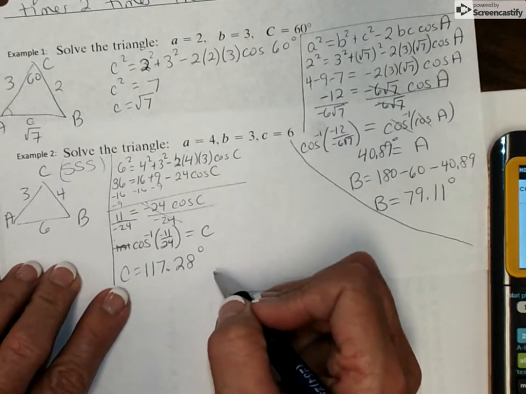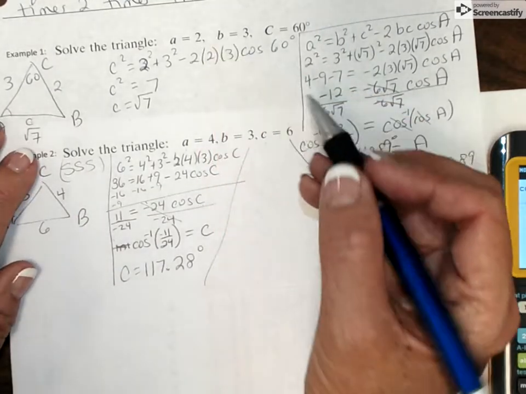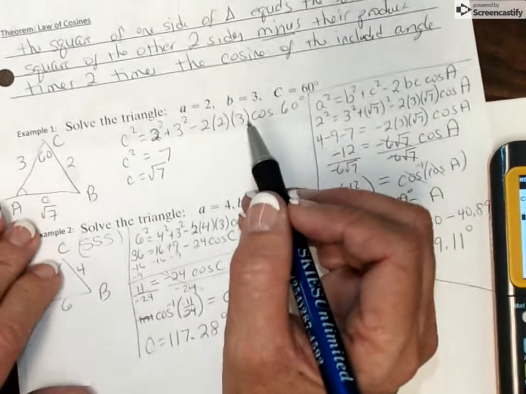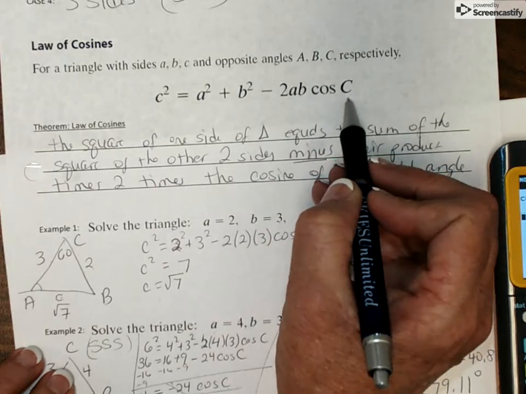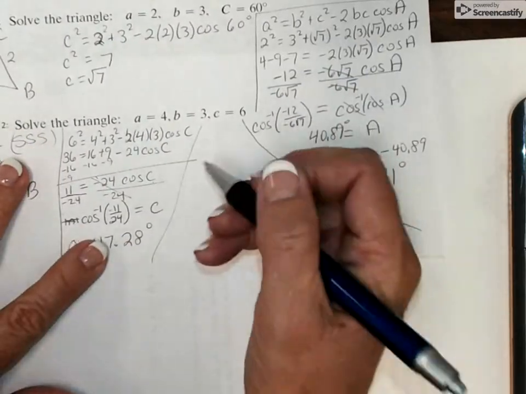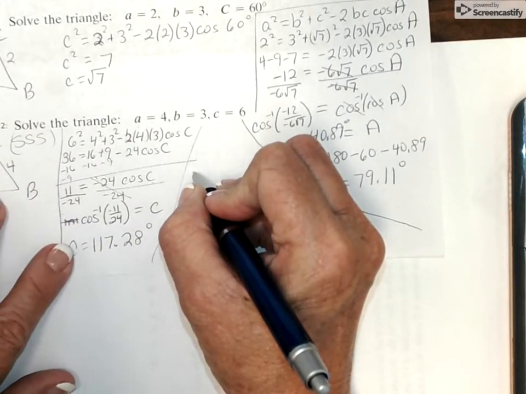Okay, we've got one angle. Now I need to find another angle. So we're going to use the law of cosines again. This time let's find angle A. If I'm finding angle A, I need to have an A squared on this side.